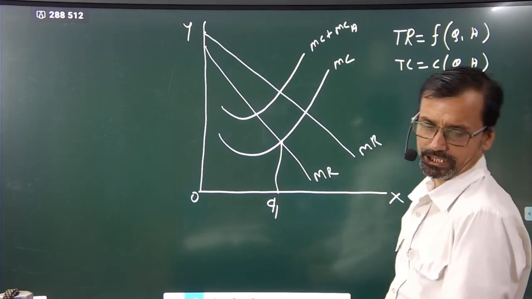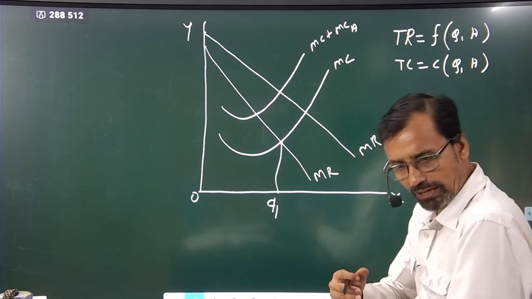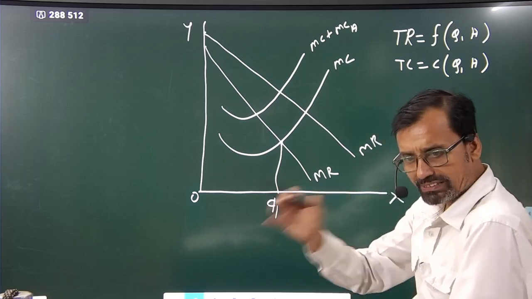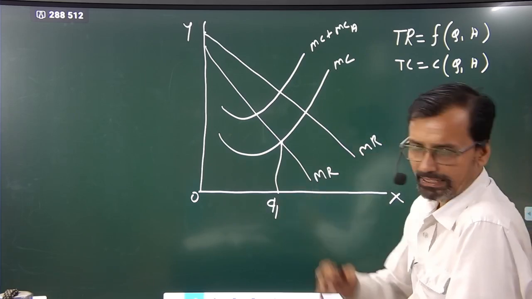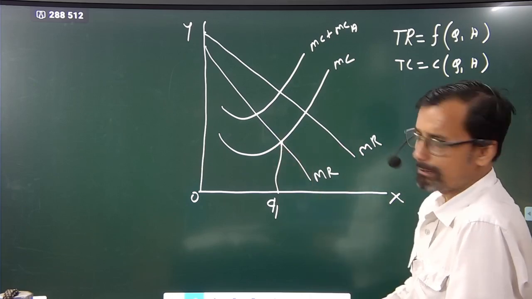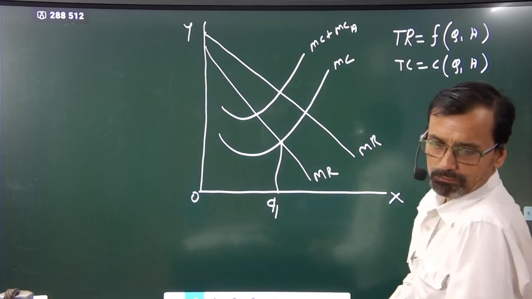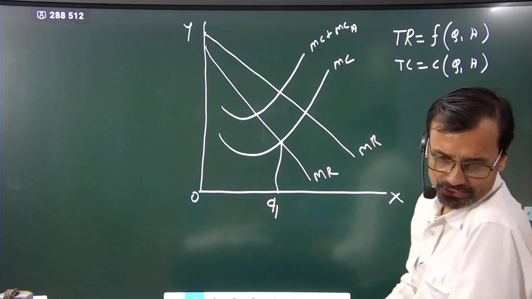as marginal revenue will also be enhanced due to the advertisement or selling cost. When there is selling cost or advertisement cost, total revenue will also increase. Due to the increase in total revenue, the marginal revenue curve will shift upward.